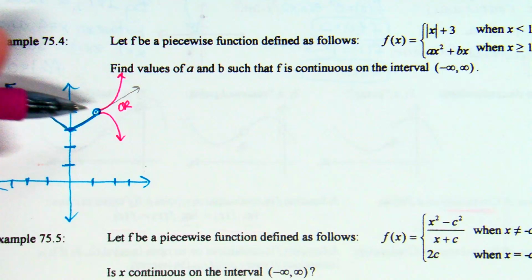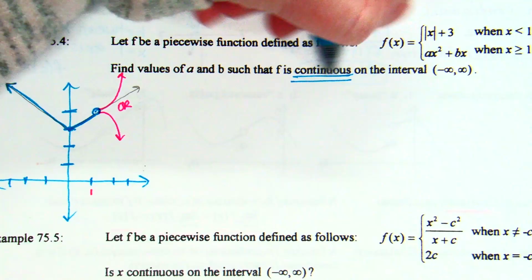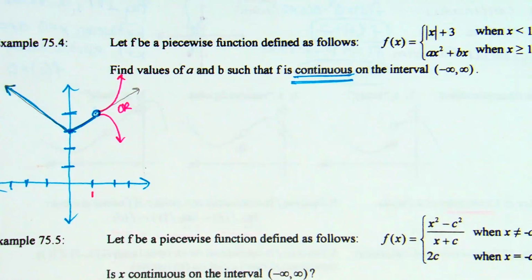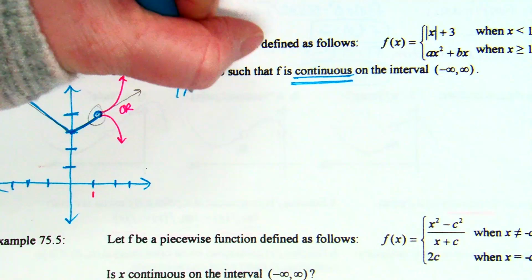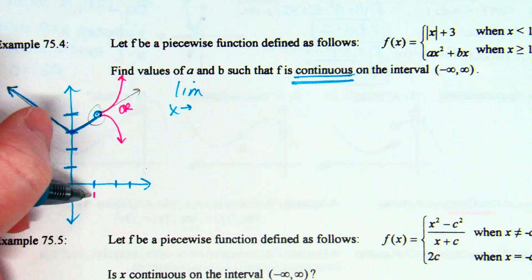So, things to think about. First of all, we are trying to figure this out so that this function is continuous. To be continuous at this connecting point, I talked about 3 things that have to happen. First of all, the limit from the left. What is the limit as x approaches, what's the x value we need to talk about here? This is at 1, right?